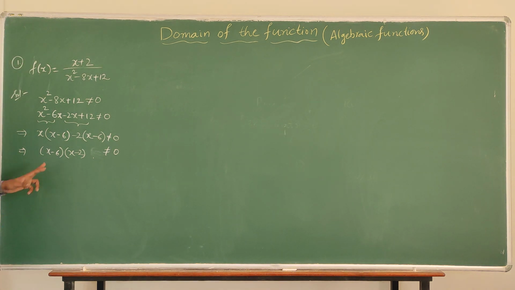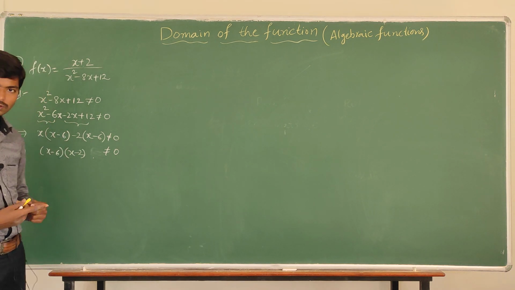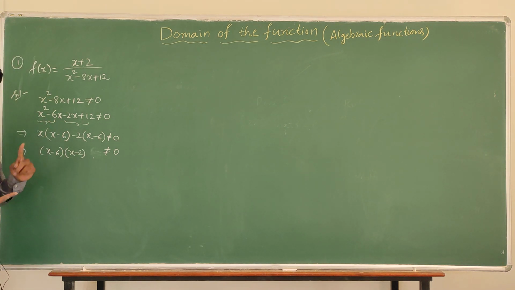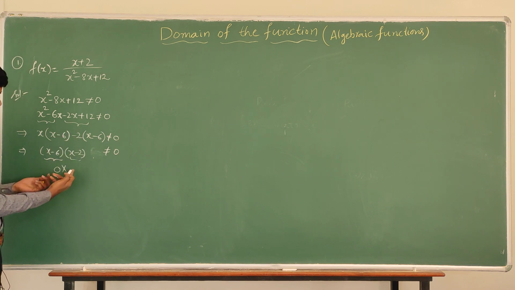Okay. So the product of two factors is not equal to 0 when both are non-zero numbers. Suppose if the x minus 6 value is 0, then x minus 2 will be something, and 0 into something will never be non-zero.